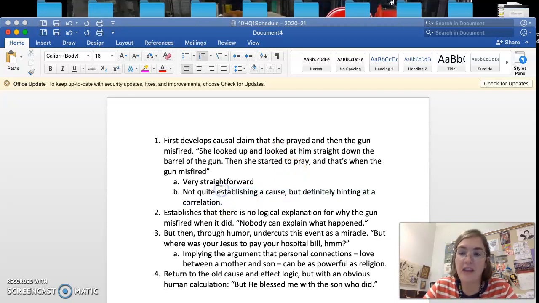There's a logical fallacy, which basically means faulty logic, that says that just because two things happen together does not mean that one caused the other. But here it's pretty clear that he's hinting that potentially you could see it as causation.